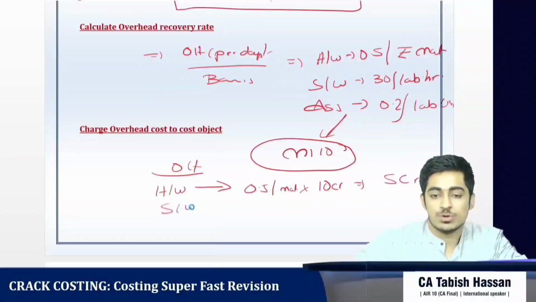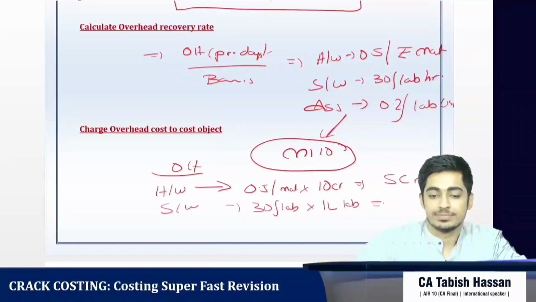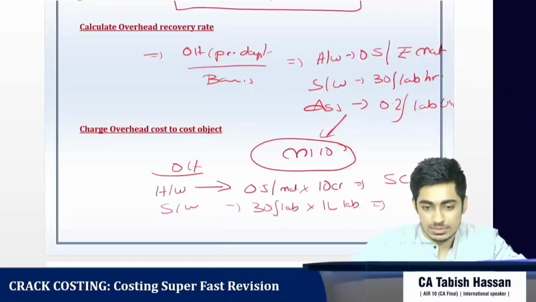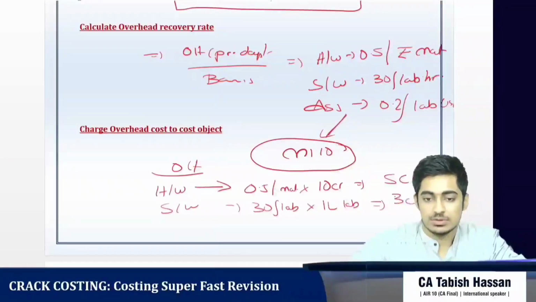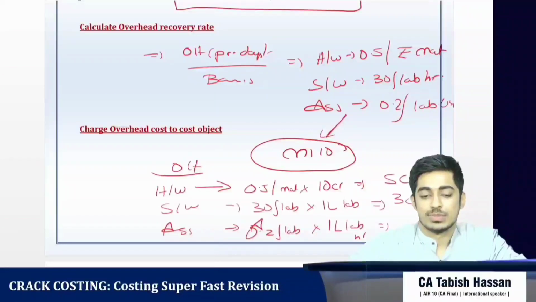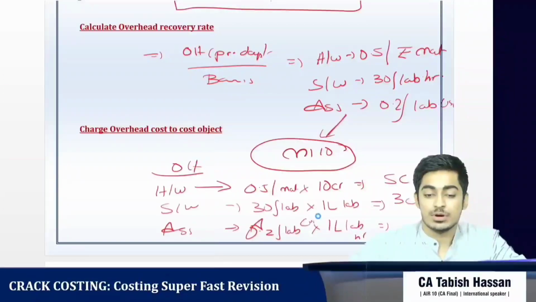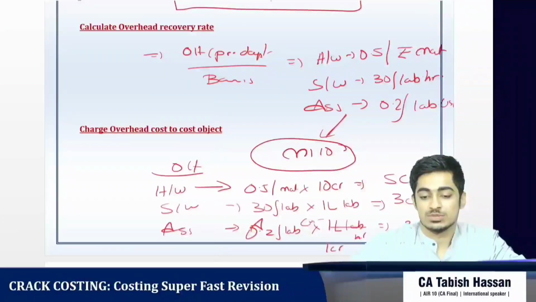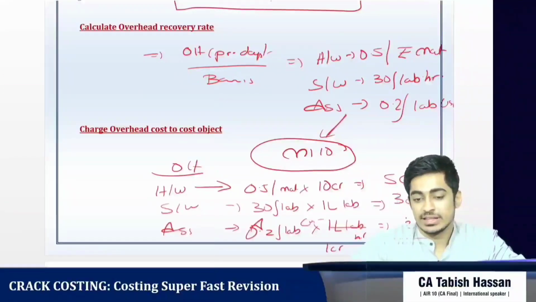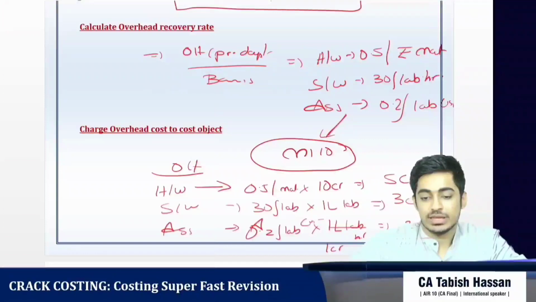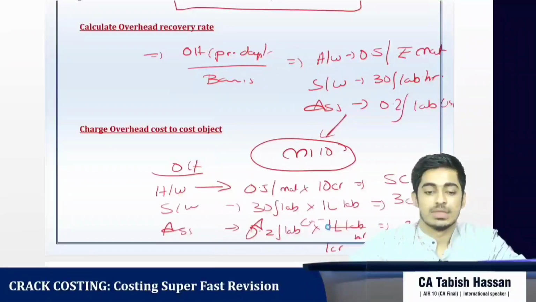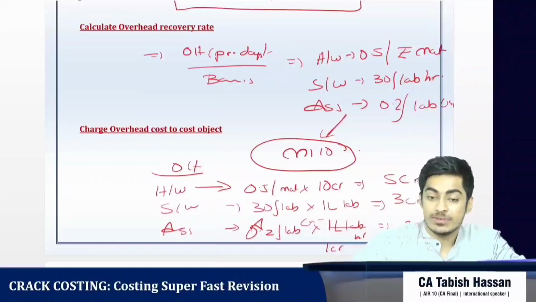Software is 30 per labor hour into 1 lakh labor hours, which is 3 crore. And assembly comes to 0.2 per labor cost into 1 crore labor cost, which comes to 20 lakh. So we get 8.2 crore as the total overhead to manufacture MI 10 phones in the year.